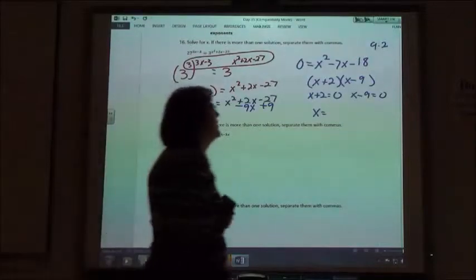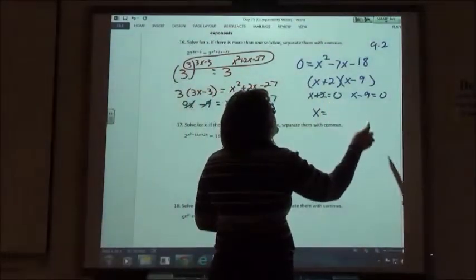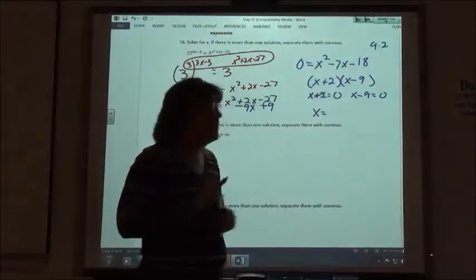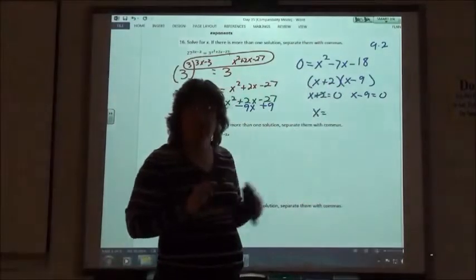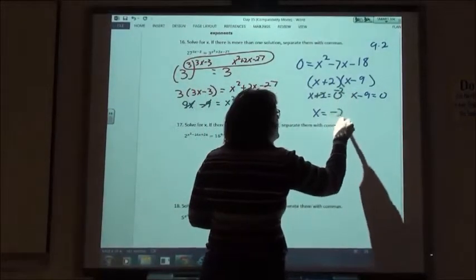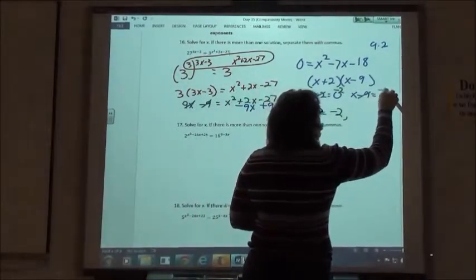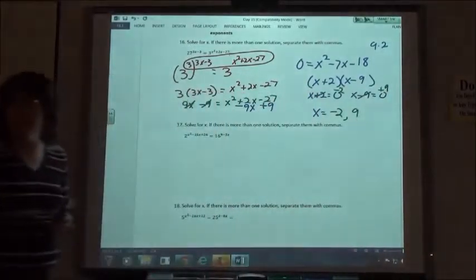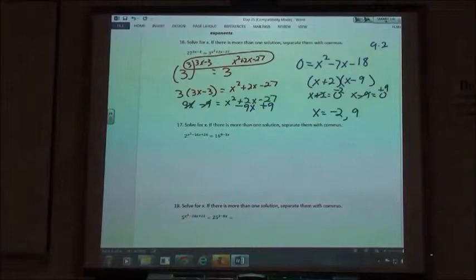And then x is going to equal negative 2, when I move my 2 over. And when I move my 9 over, it's positive 9. So negative 2 and positive 9 are going to be my answers.